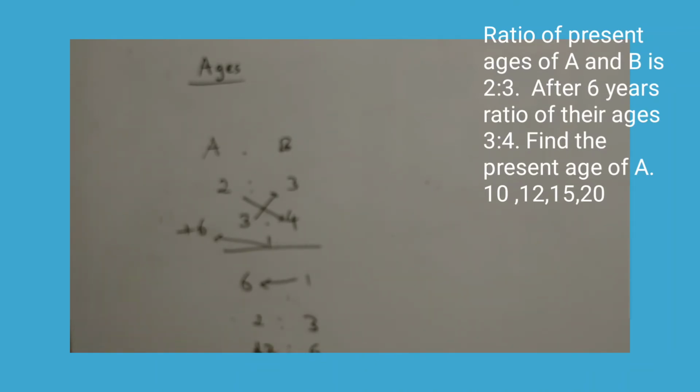Let us check, dear students, if I add after 6, it will become 12 plus 6, 18, and 18 plus 6, 24. This ratio, 6 3s and 6 4s, is 3:4.